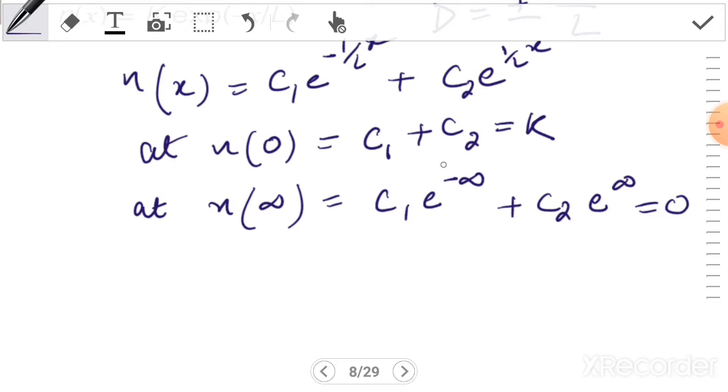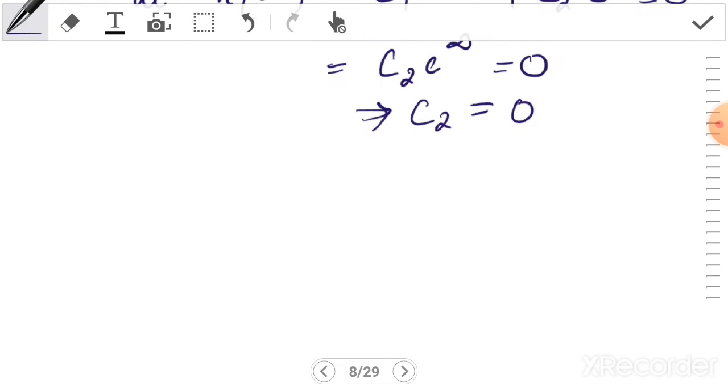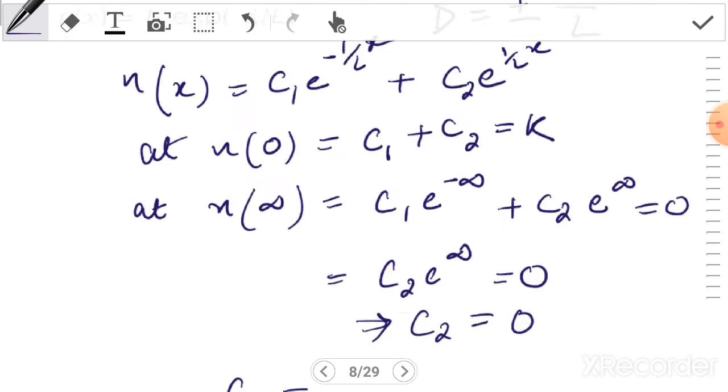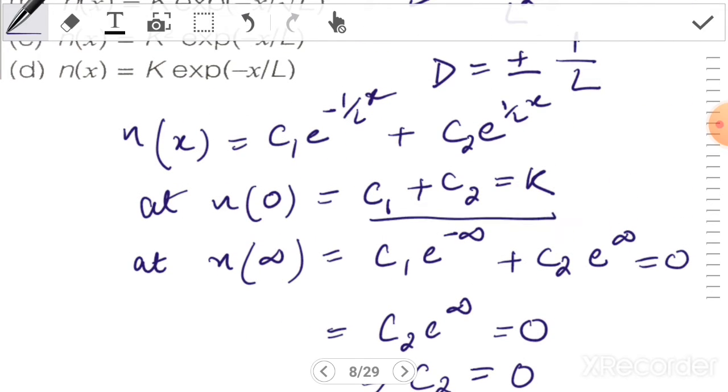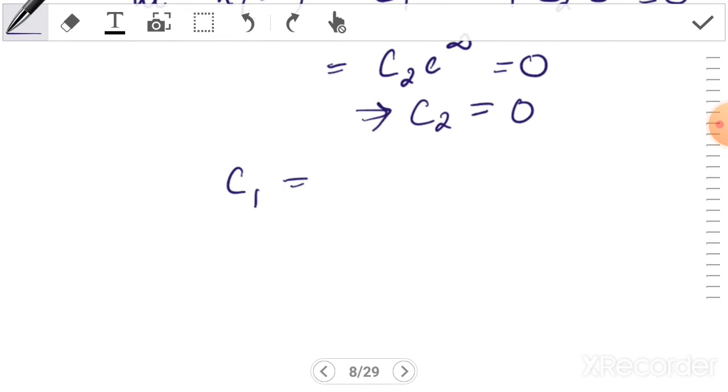So e power minus infinity is 1 by e power infinity, and that is 0. So we have only c2 e power infinity equal to 0, that means c2 is equal to 0, and from c1 plus c2 is equal to k, c1 will be equal to k.